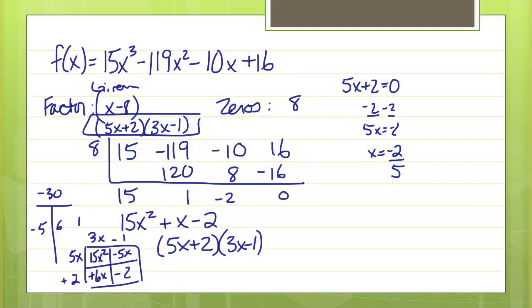I would do the same thing on the other one, and I would get positive 1/3. I'm not going to show the work, but my two answers on this one would be negative 2/5 and positive 1/3. I could use the quad formula if I was asked to find the zeros, but if I'm asked to factor, I've got to factor, and I've got to still be good at factoring.